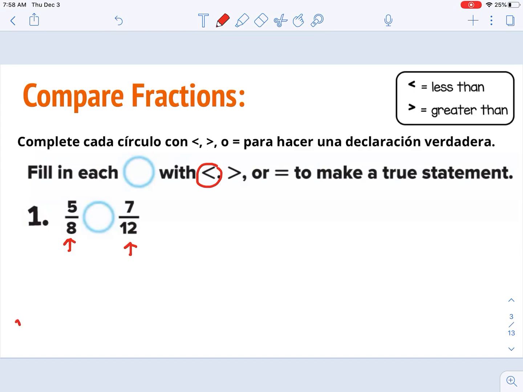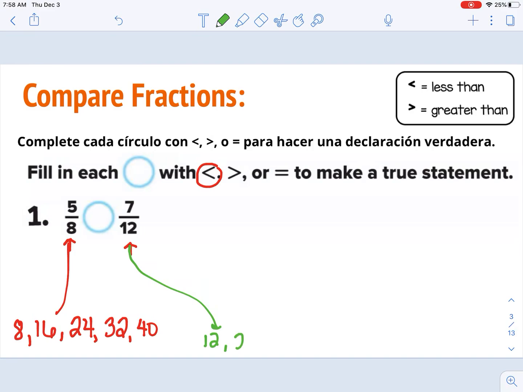So first I'm going to start by looking at the 8s. And if I count by 8s, I know it goes 8, and I can use my multiplication chart for this too. And then 16, and then 24, and 32, and 40. I'm going to stop there and see if that's enough. All right, then I'm going to do my 12s. 12, 24, 36, 48.